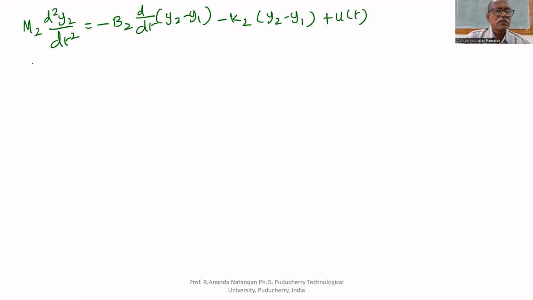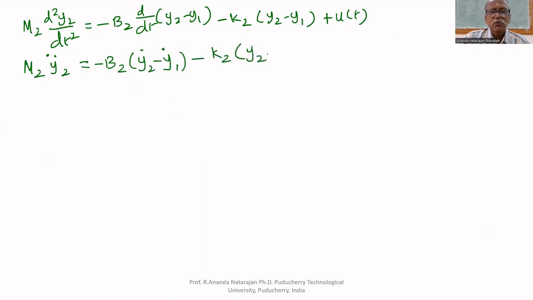This can also be written as m2 y2 double dot equal to minus b2 (y2 dot minus y1 dot) minus k2 (y2 minus y1) plus u of t.